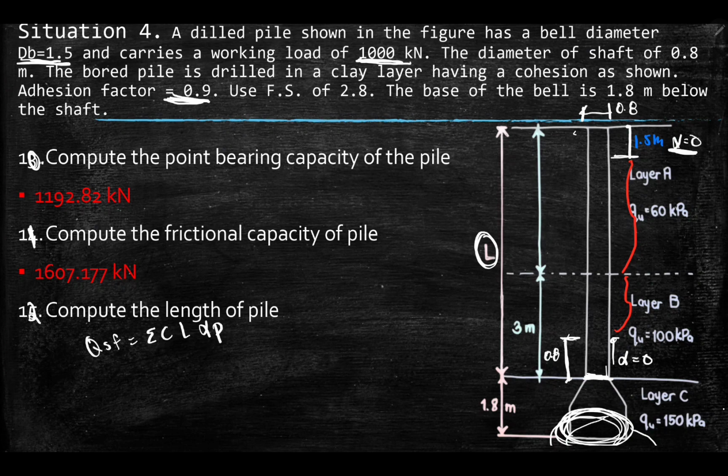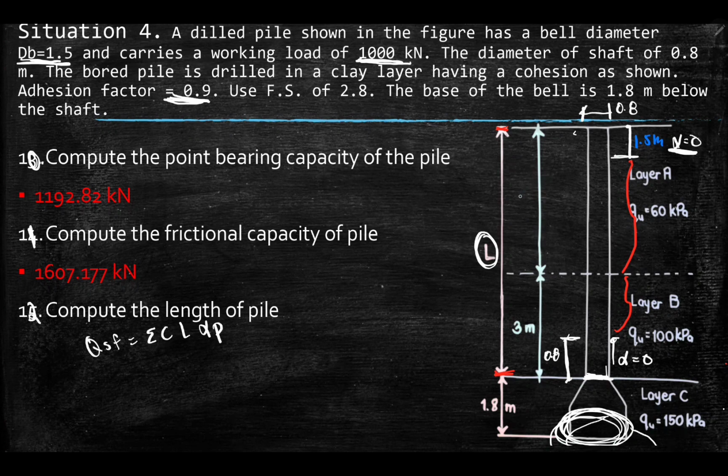Ang consider lang natin na length of the pile, ito lang naman, di ba meron? Okay? So, ang consider lang natin dyan is ito. Hindi natin consider yung bell. Ang consider lang natin dyan is the shaft. Okay? Next. So, paano nga ba natin makuha yan? Di ba, hindi given yung ating length of the pile.